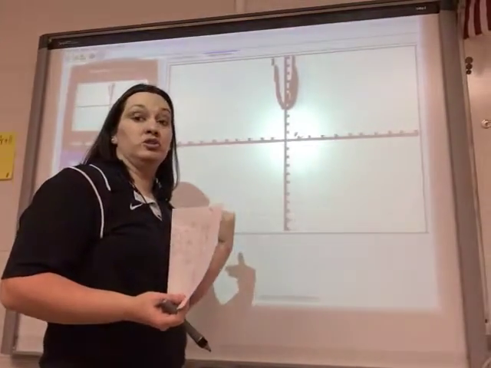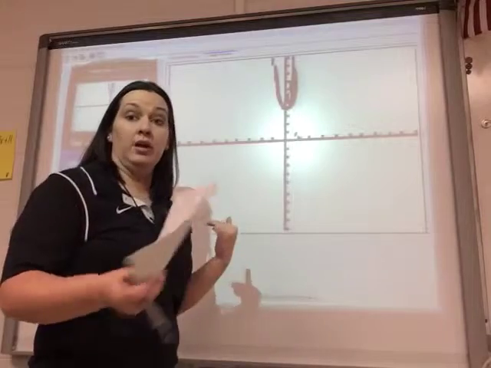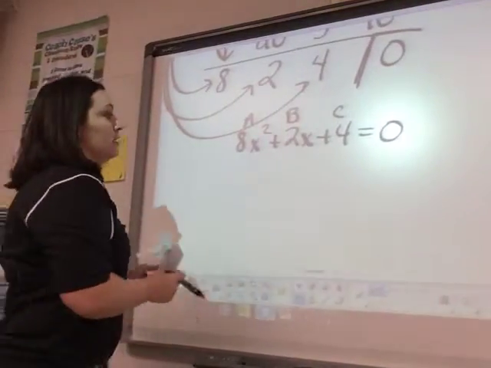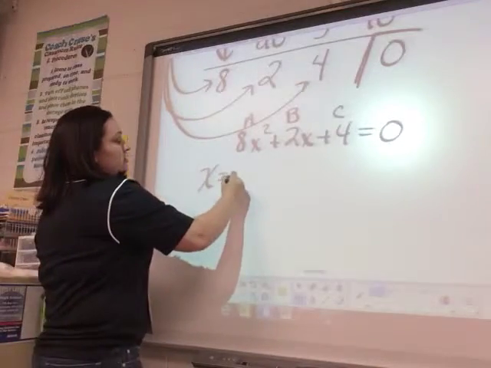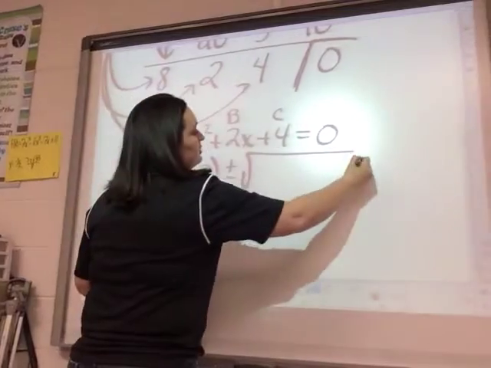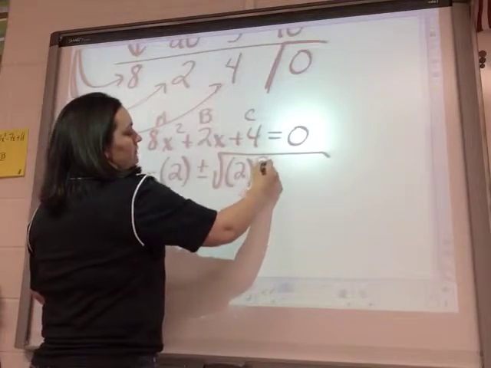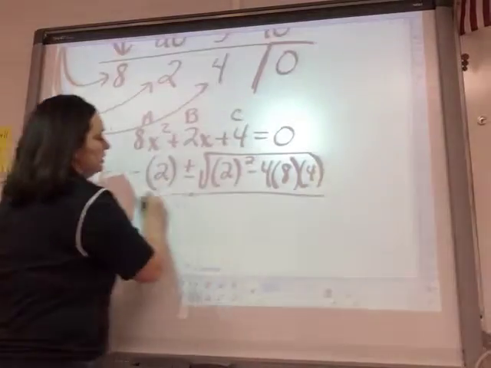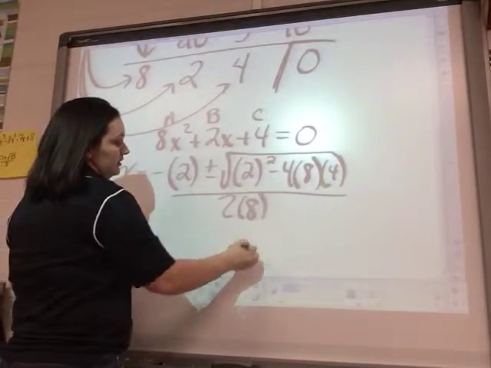So I have to go back to my other screen and work this out longhand by quadratic formula. So I'm going to go back to my screen. My formula, x equals negative b plus or minus radical b squared minus 4 times a times c all over 2 times a.